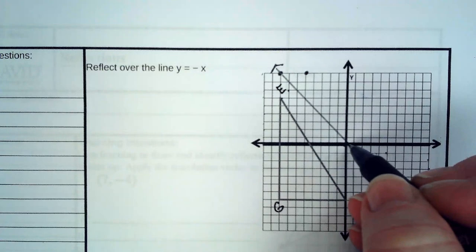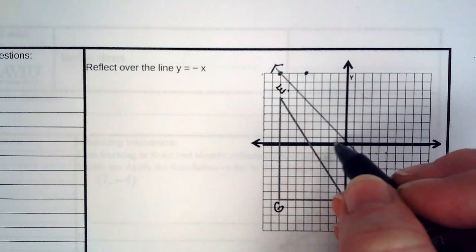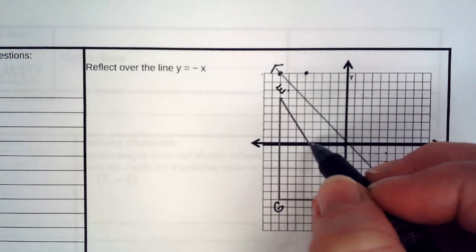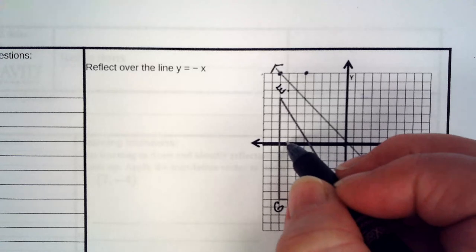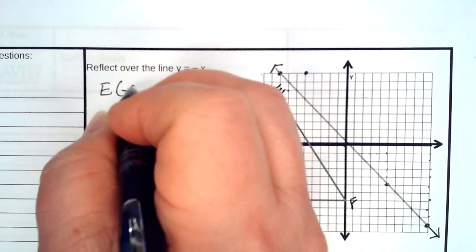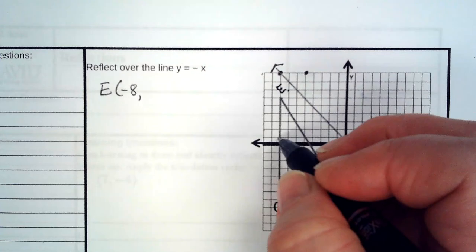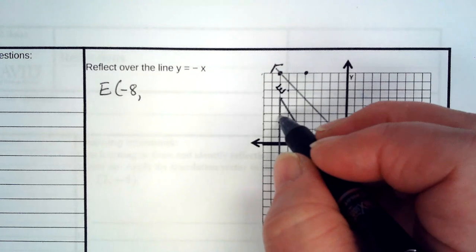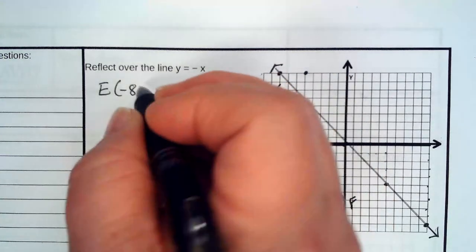This original point is negative 1, 2, 3, 4, 5, 6, 7, 8. And then I go up 1, 2, 3, 4, 5, 6.